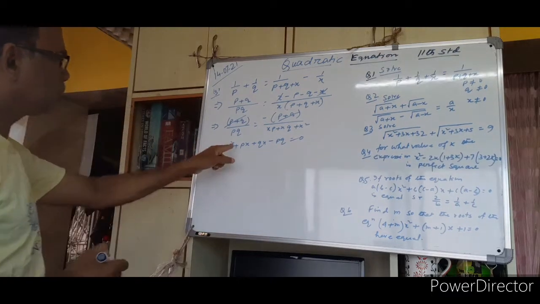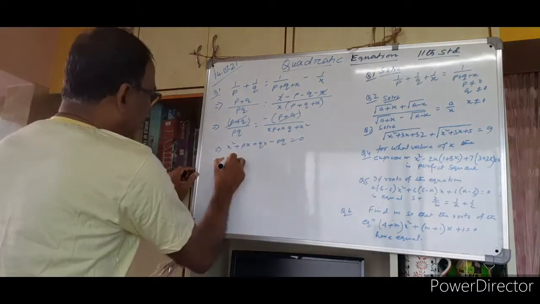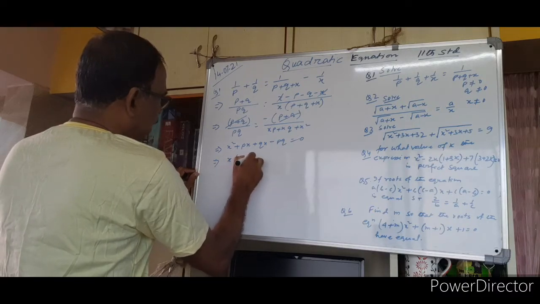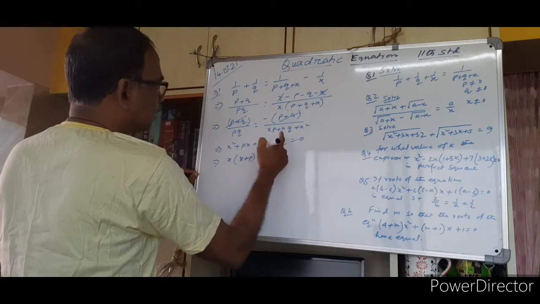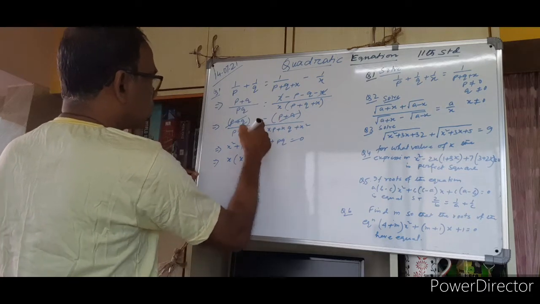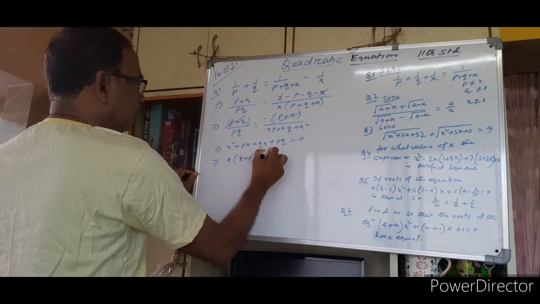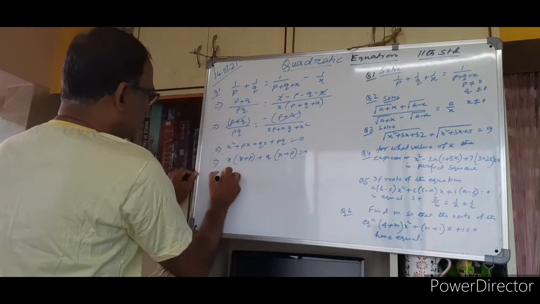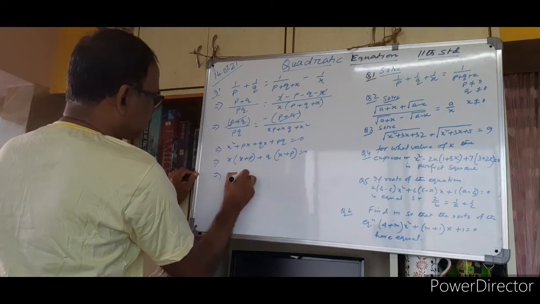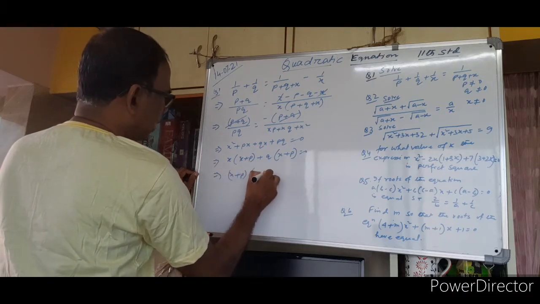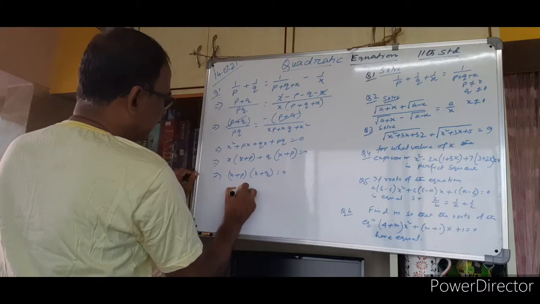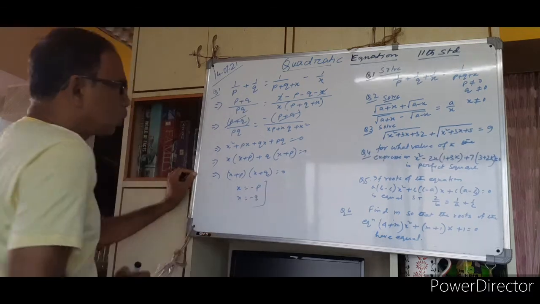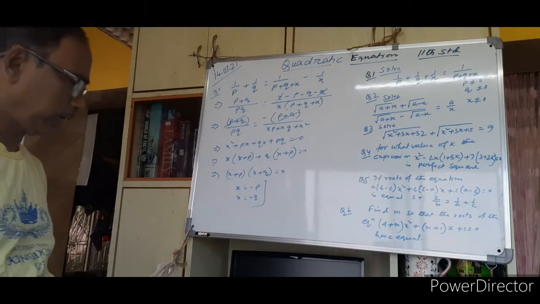Now taking common, here x is common, x plus p, plus, this should be positive because minus pq is coming to the left hand side, then q x plus p equals 0, that is x plus p into x plus q equals 0. Then x equals minus p, x equals minus q. This is the solution of the given expression.